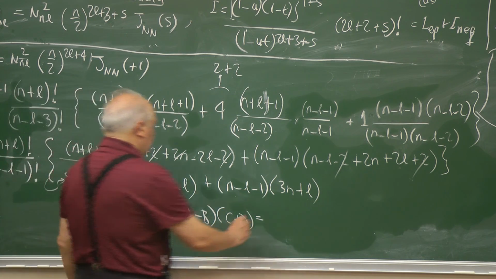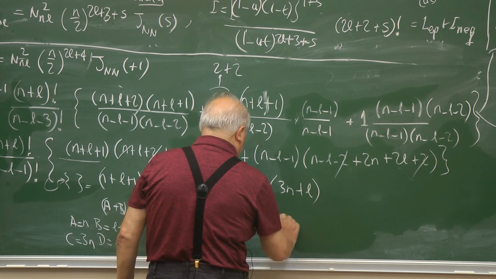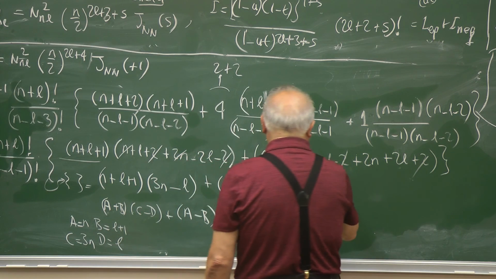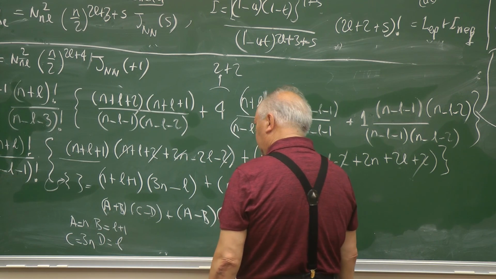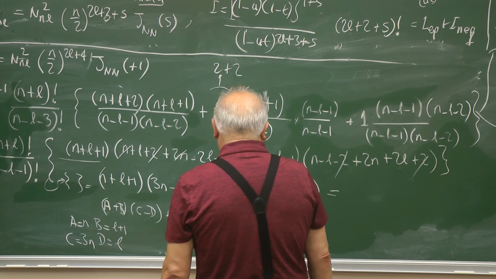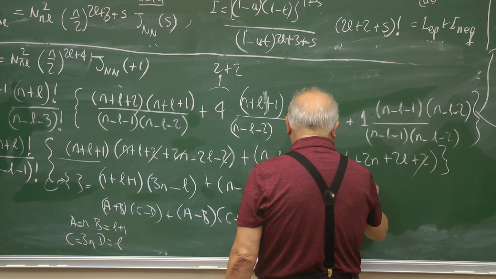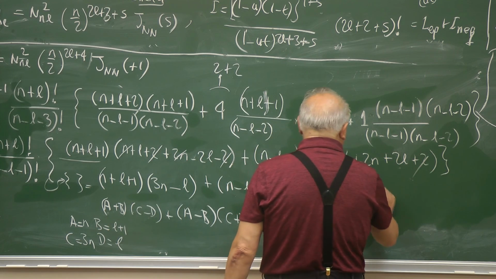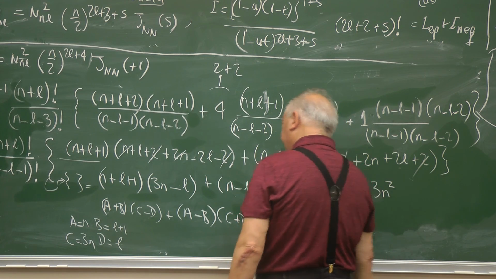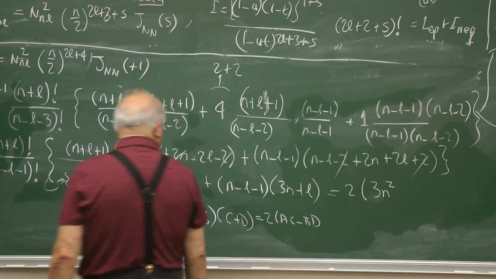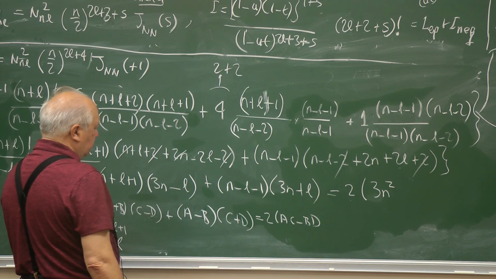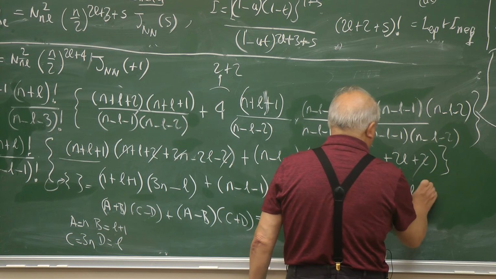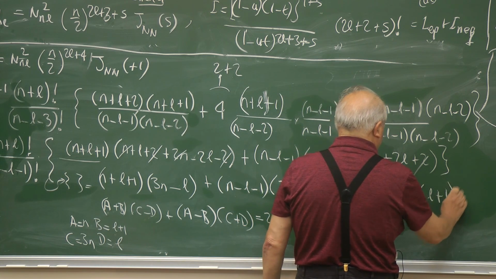So we have 2AC minus 2BD here, which is equal to 2 AC, 3n square, minus BD, L times L plus 1, minus L times L plus 1.